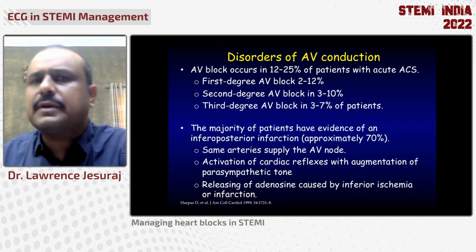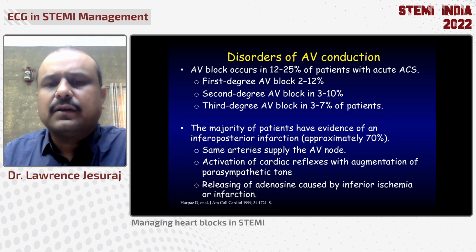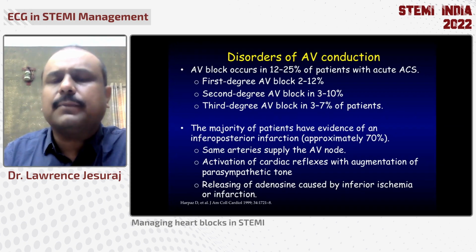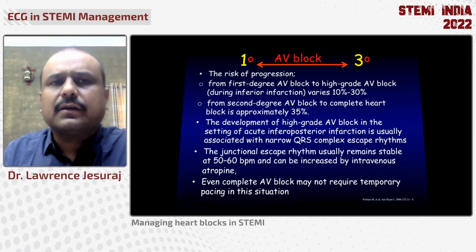Approximately 70% of the patients have an inferoposterior wall MI because of the AV nodal artery arising from the dominant RCA, and also activation of cardiac reflexes with augmentation of parasympathetic vagal tone, and also release of adenosine caused by inferior ischemia or infarction. These are the common reasons why patients with inferoposterior wall infarct develop AV blocks more often.